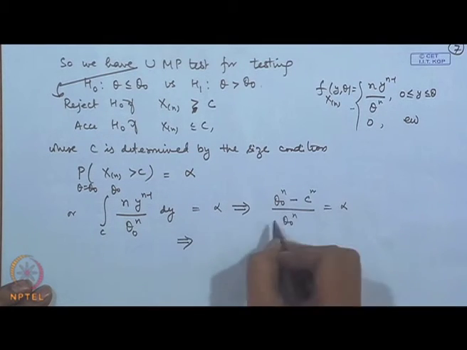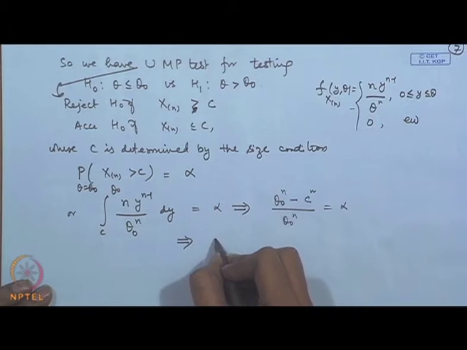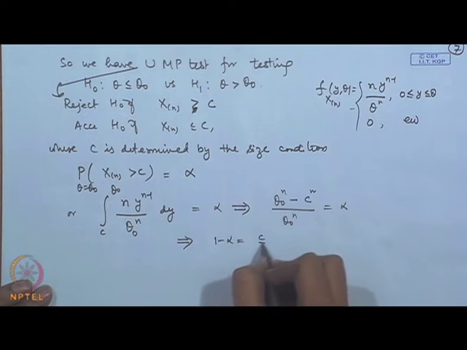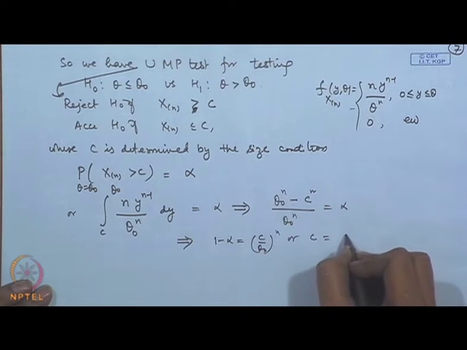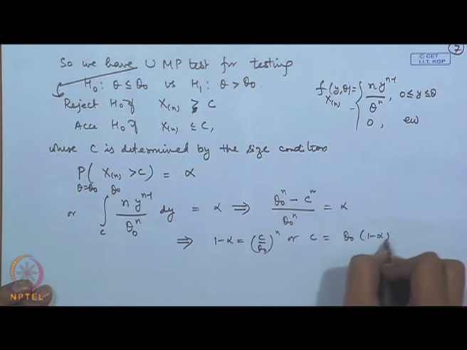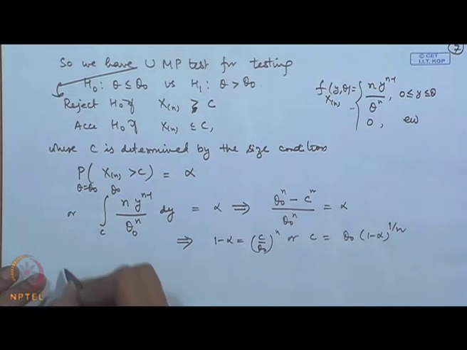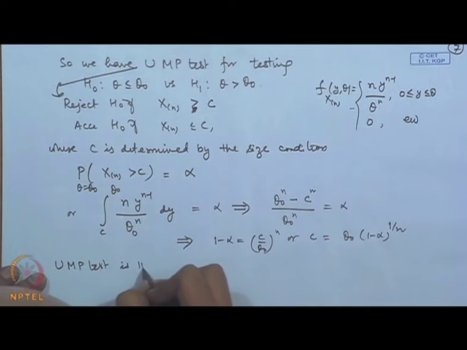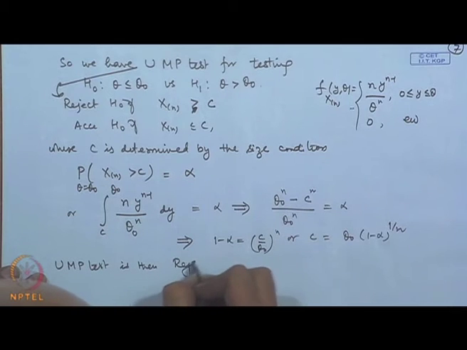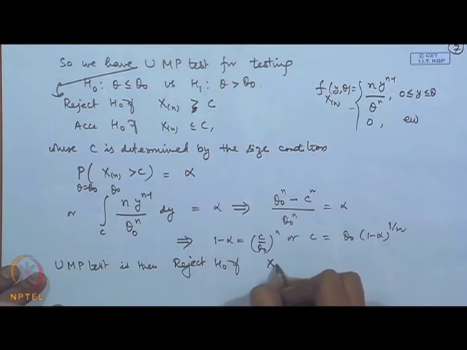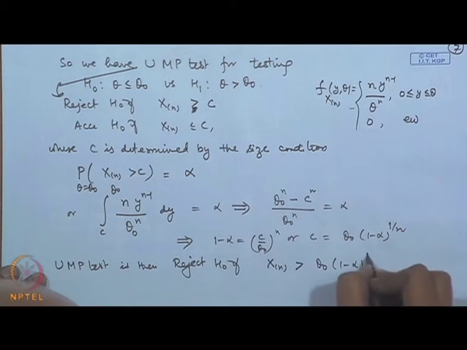This can be further simplified. We get 1 minus alpha equal to (c by theta naught) to the power n, or c equal to theta naught times (1 minus alpha) to the power 1 by n. So, the UMP test is: reject H0 if x(n) is greater than theta naught times (1 minus alpha) to the power 1 by n.